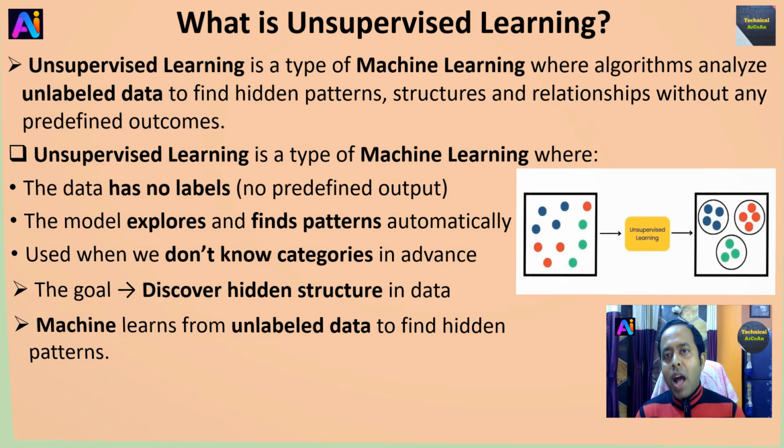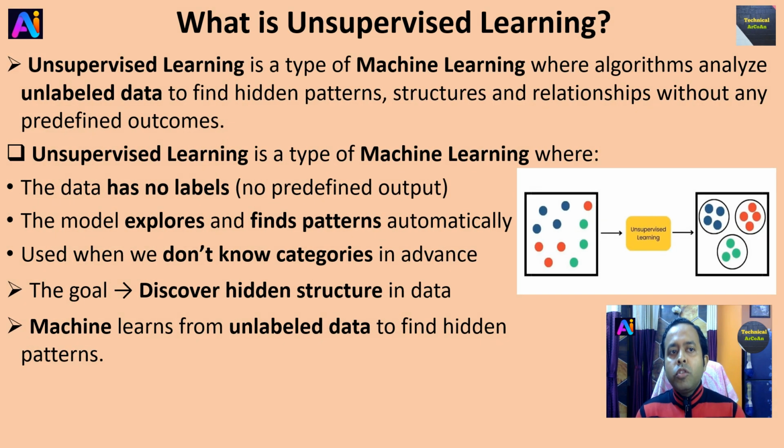Now we talk about what is unsupervised learning. Unsupervised learning is a type of machine learning where algorithms analyze unlabeled data to find hidden patterns, and the machine has to discover the hidden pattern on its own, right? Structures and relationships without any predefined outcomes or results, right?